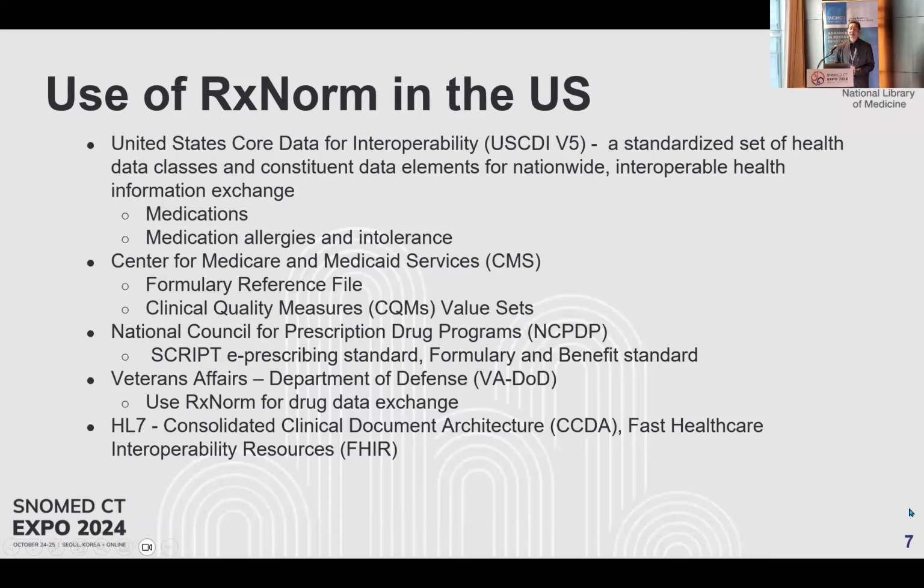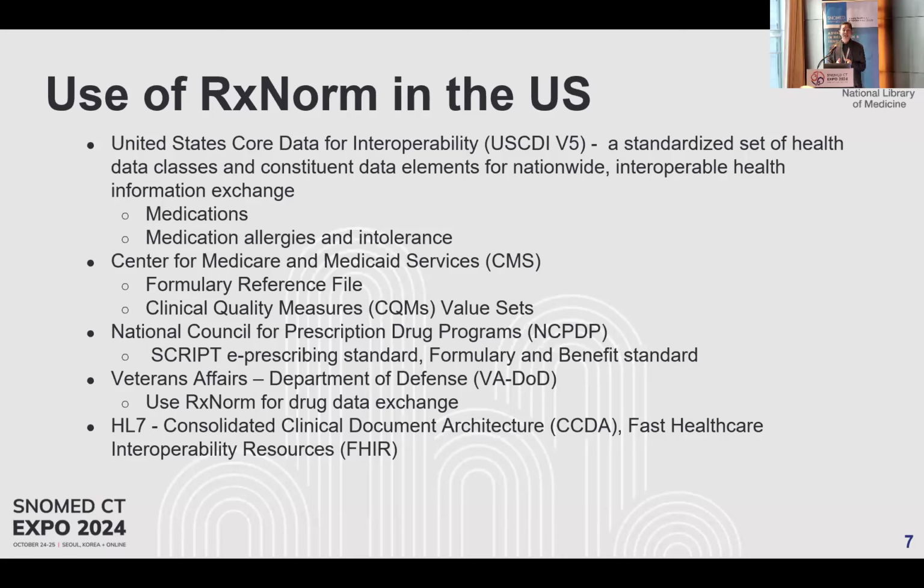So how do we use RxNorm in the US? So there are a few use cases, and according to the United States Core Data for Interoperability, USCDI version 5, the USCDI is a standard set of health data classes and data elements used nationwide in the US to facilitate interoperability.